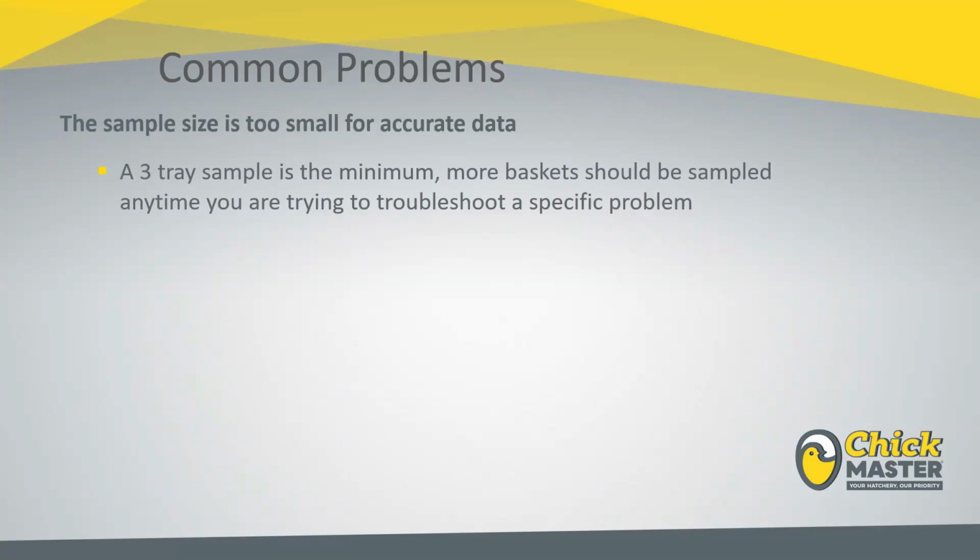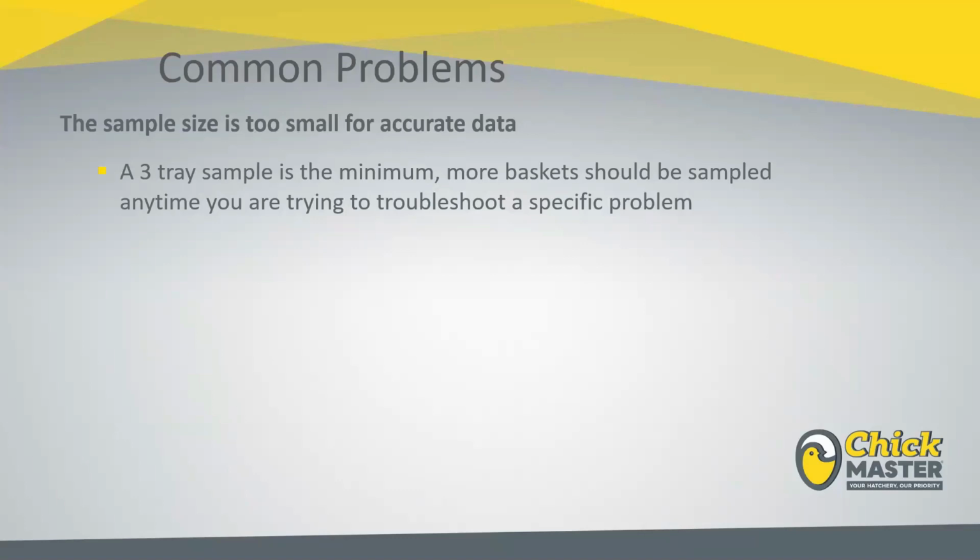Also keep in mind that if you have a specific issue, and let's say it's incubator related, and you have a large multi-zone, say single stage type incubator, it's really important to make sure you get samples from various places out of that incubator, regardless of where they are in a hatcher machine.